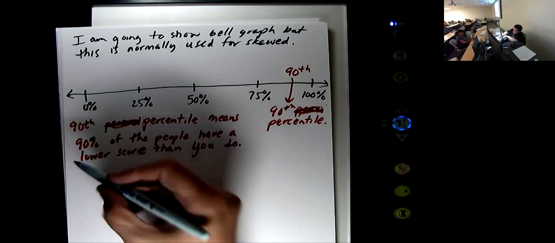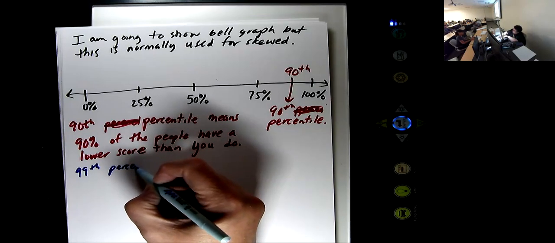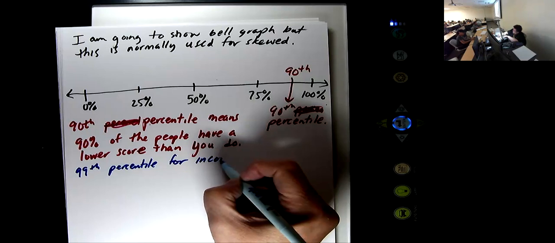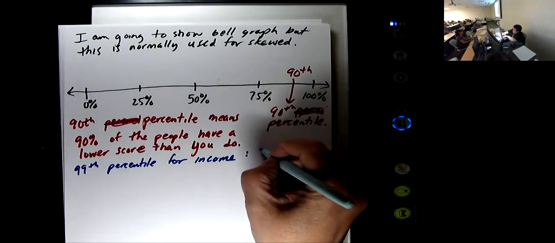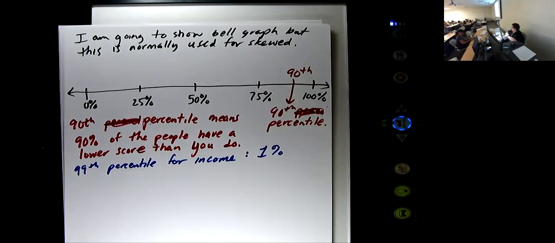The 99th percentile for income. We have a name for those folks. We call them the 1%ers, right? They're in the top 1%. 99% of the people have a lower income than they do.